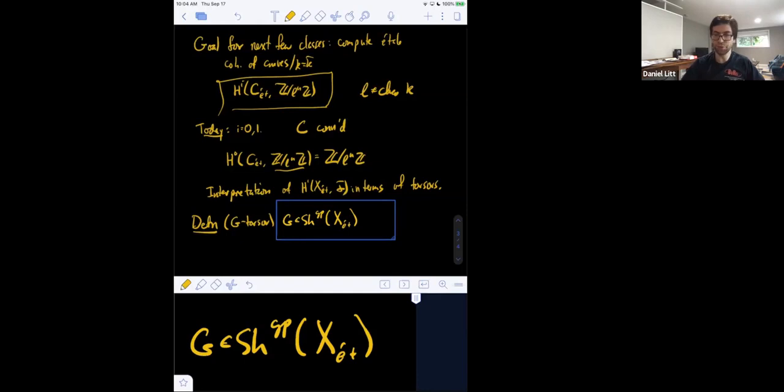All right, so what is a G-torsor? The definition will look a little bit scary, but we're going to talk about a lot of examples. What this is supposed to be formalizing is the notion of a principal homogeneous space. The typical example is a Galois covering space: you have a space X and a Galois cover of it, just in ordinary topology, maybe a manifold, and that will be a torsor for the Galois group. That means the Galois group acts on the space and acts simply transitively on every fiber.